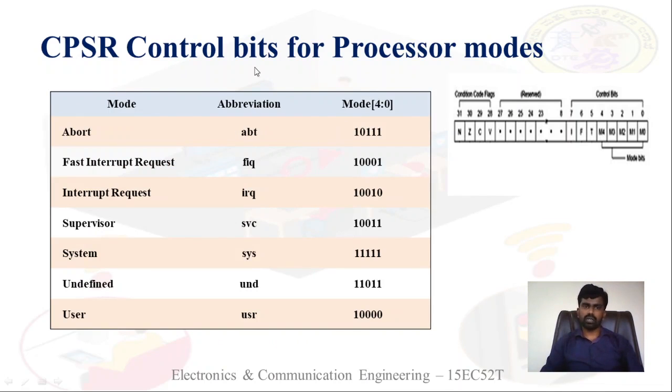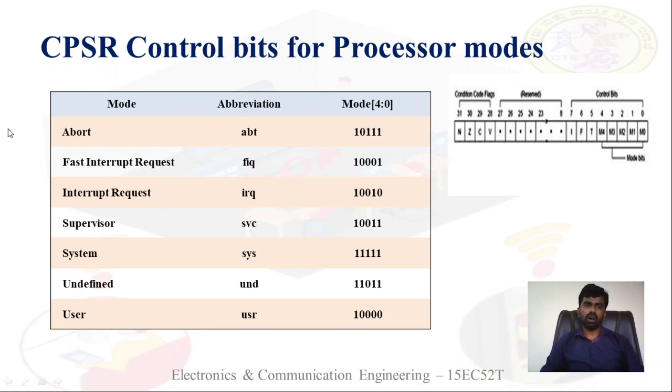In the control field, the starting 5 bits, bit number 0 to bit number 4, are used for mode selection. As you know, there are 7 different modes: user mode, abort mode, supervisor mode, FIQ mode, IRQ mode, undefined mode, and system mode.